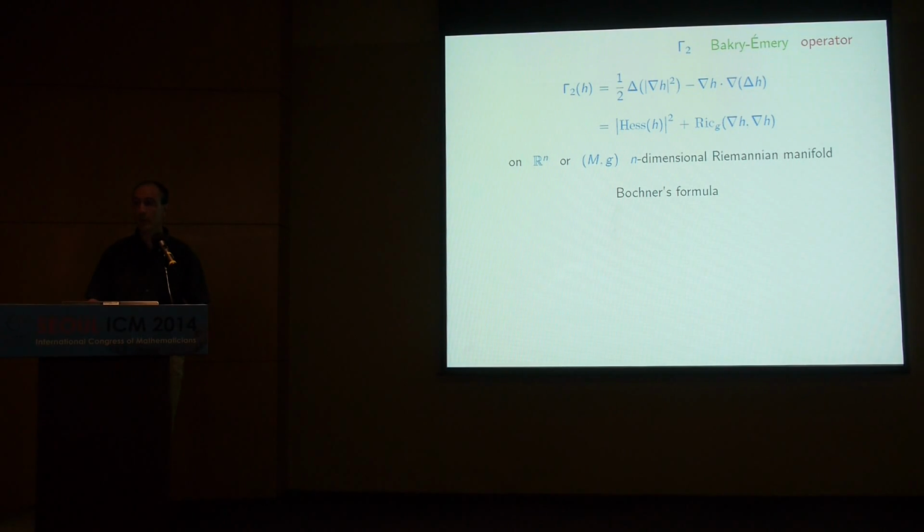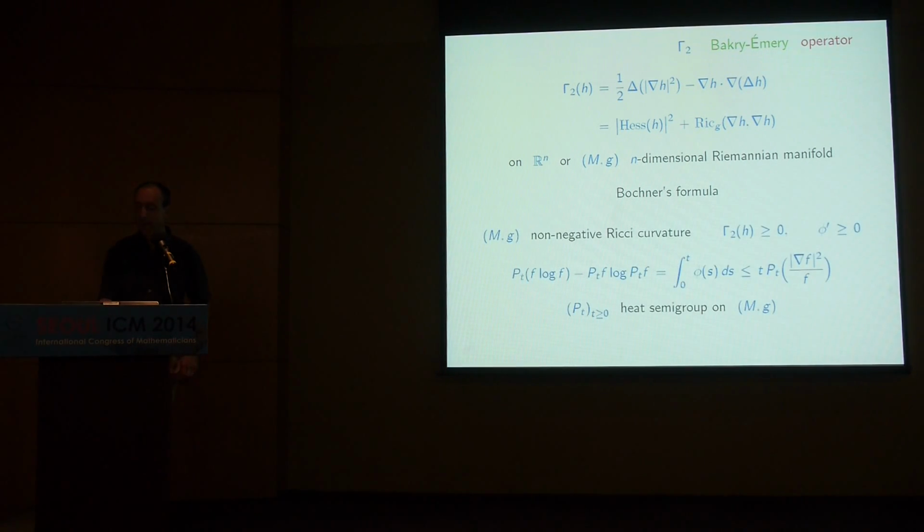And on the basis of this identity, it's pretty obvious that if you are dealing, for example, on Rn or on a manifold with non-negative Ricci curvature, the two terms defining gamma 2 are non-negative, so that the function phi you are considering, its derivative is positive, and you get that it's increasing, and you get exactly the same heat kernel inequality along now the heat semi-group associated with the Laplace-Beltrami operator on the manifold.